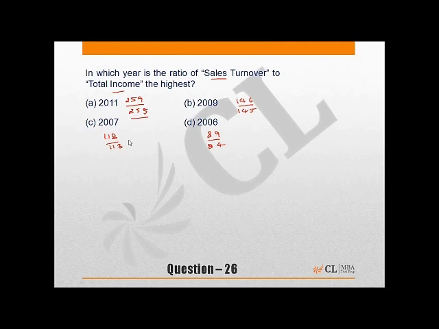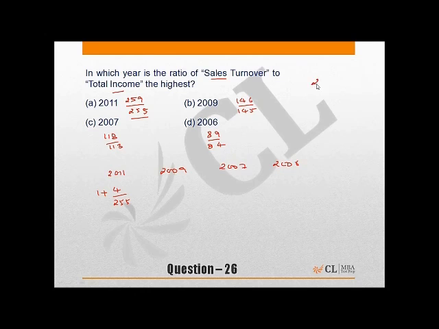I can write 259. Okay, let me write down 2011, 2009, 2007, 2006. I can write 259 by 255 as 1 plus 4 by 255.